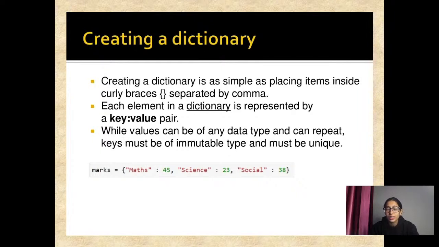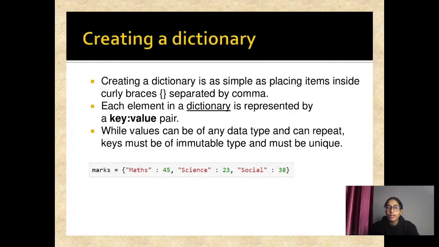This is totally different from other data types. In tuples, parentheses are optional; in a list, we use square brackets; in strings, quotes; and in a dictionary, we use curly braces. Each element is separated by commas.